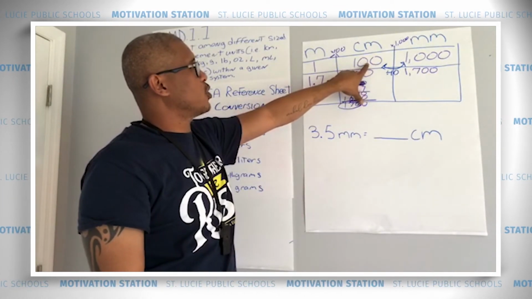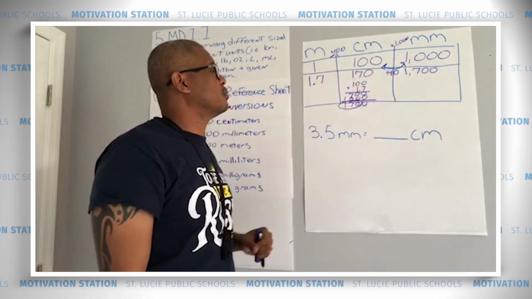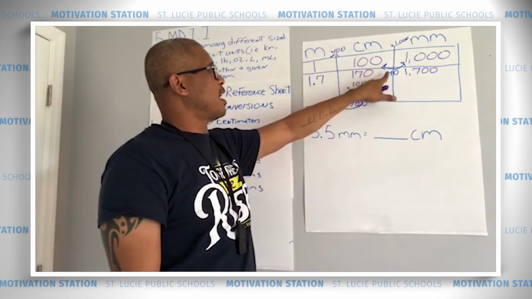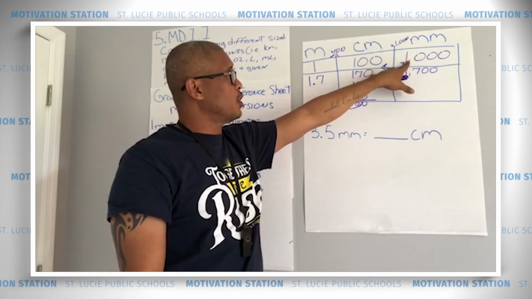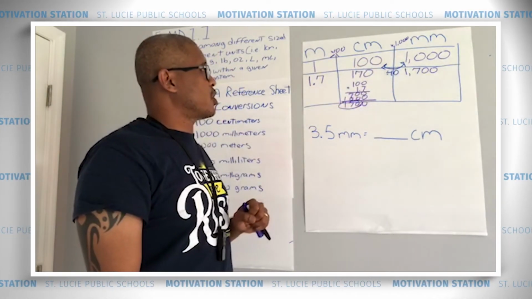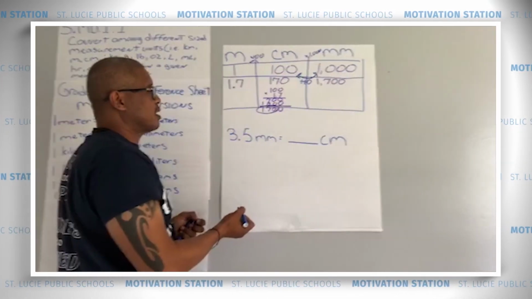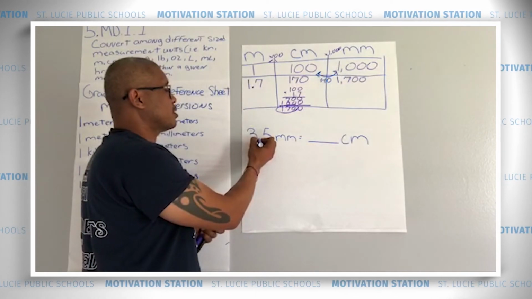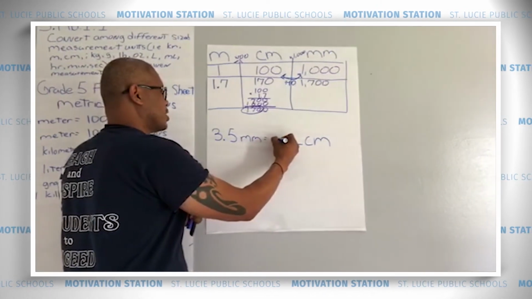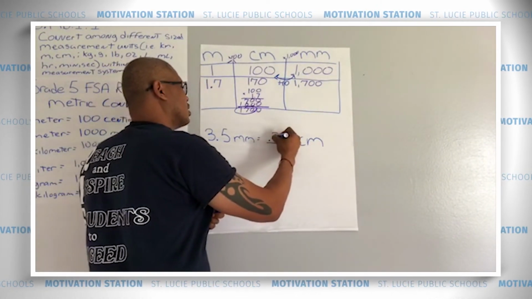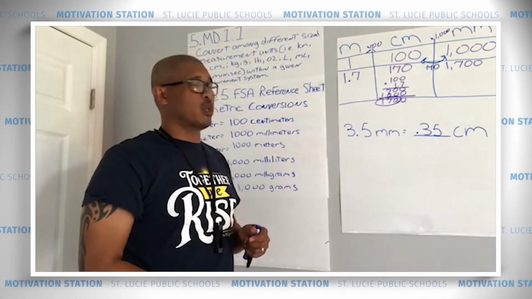Again, 100 is 10 times less than 1,000, because we are going from a smaller unit of measurement to a larger unit of measurement. So if it's 10 times less, that means I need to move my decimal place 1 place to the left. So my answer would be 35 hundredths of a centimeter.